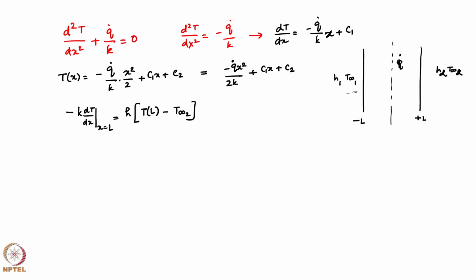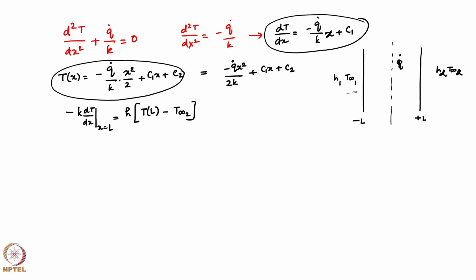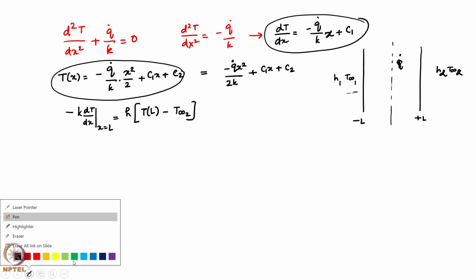The other boundary condition will also be a derivative boundary condition. I hope you are able to understand here. dT/dx has C1, T has C2. Suppose I had a fixed temperature.